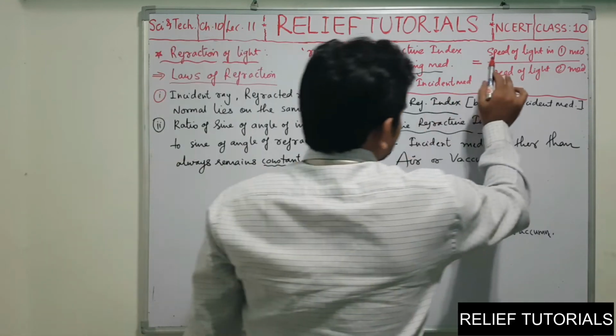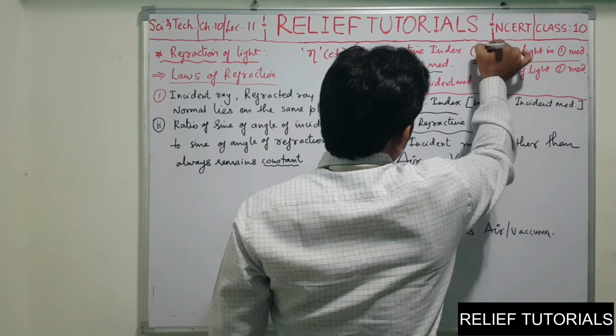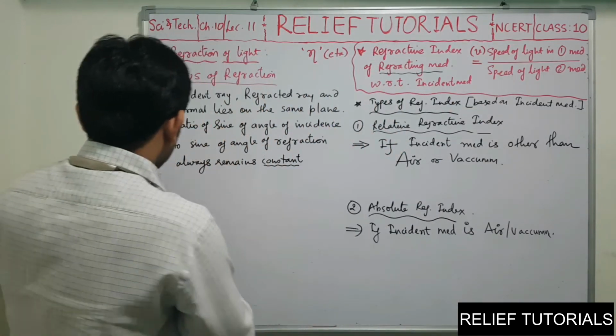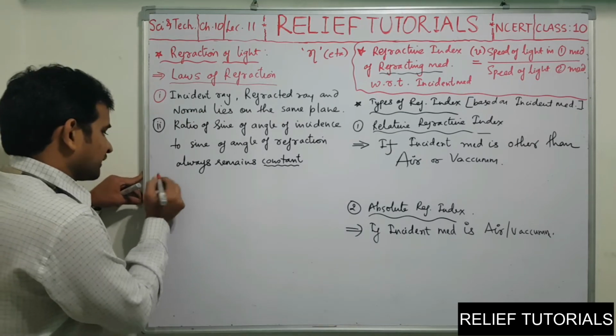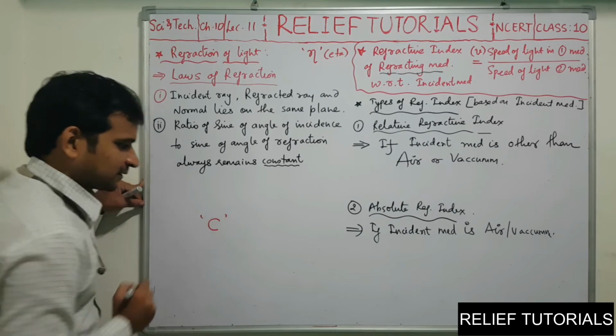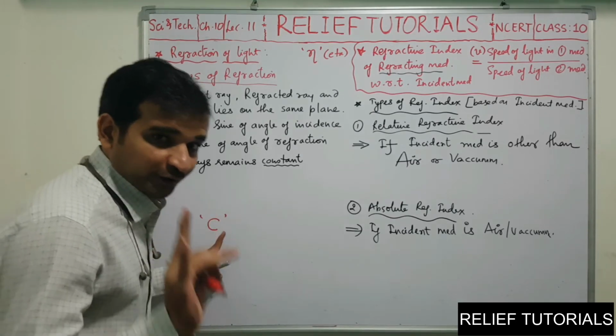Speed is always symbolized by v. And already we have seen in the previous lecture that the speed of light in air or vacuum is symbolized by c, the special symbol for speed of light in air or in vacuum.